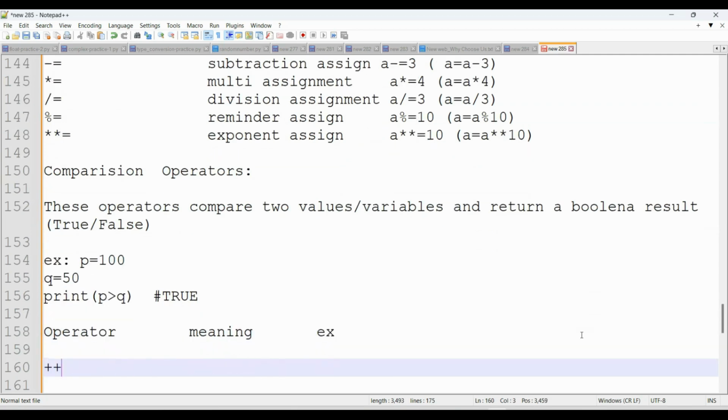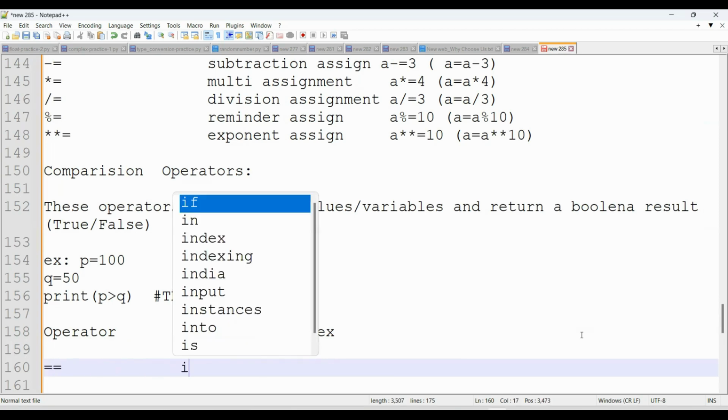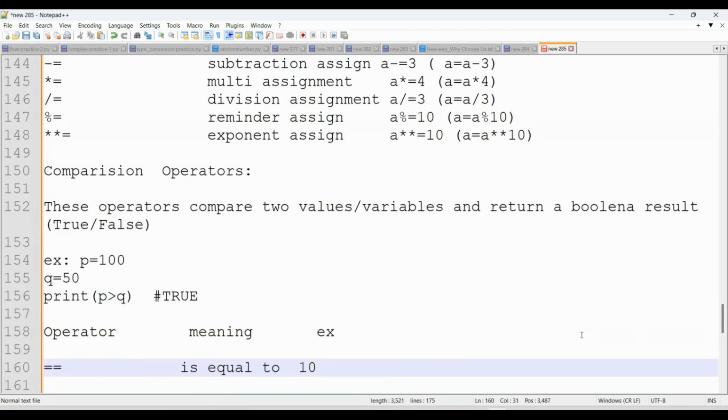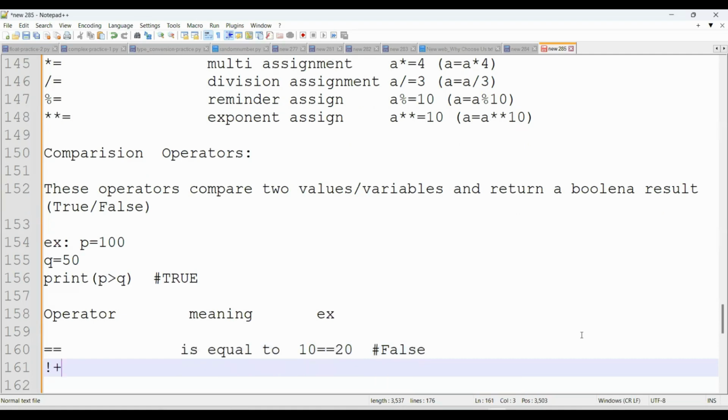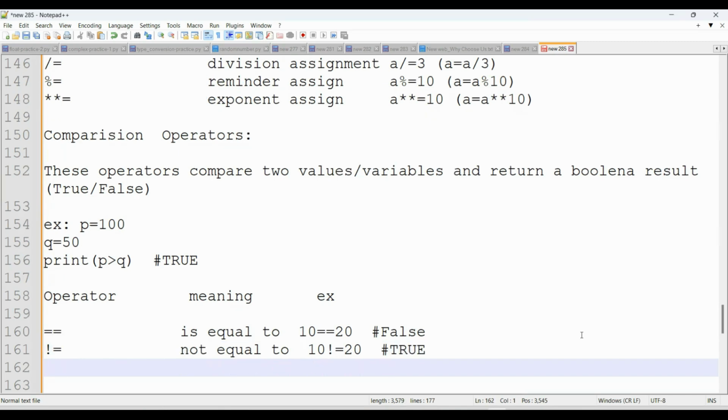Double equal to means is equal to. 10 == 20 is false, because 10 is not equal to 20. Then not equal to, 10 != 20, is true. Then greater than, 10 > 20, is false.